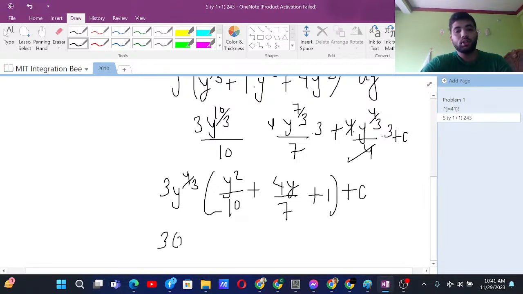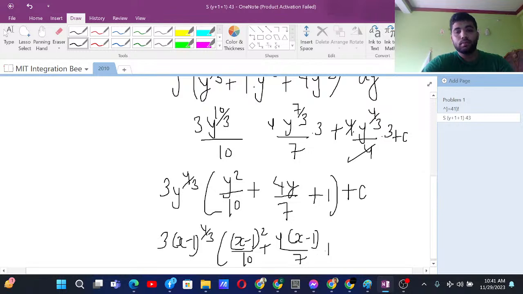So 3 (x minus 1) to the power 4 by 3, (x minus 1) whole square by 10 plus 4 times (x minus 1) by 7 plus 1 plus c. So this is the solution.